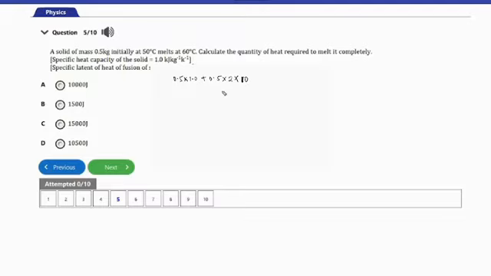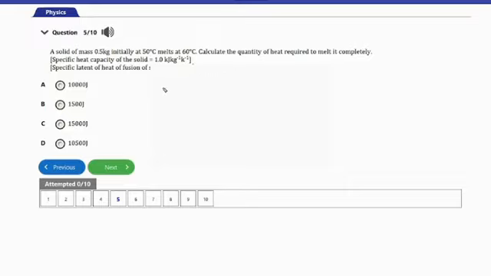So this will be 10. So when we have 0.5 plus 10, that's 10.5 kilojoules. Since we have 10.5 kilojoules here, if we convert this to joules, we are going to have 10,500 joules, and that's option D here. Option D is the answer to this question.